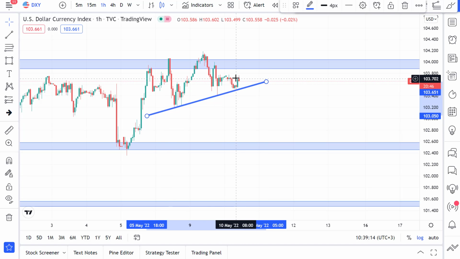If we have a breakout of this trend line, we can say that for some hours or maybe some days we could see the dollar getting weaker and the other currencies getting stronger.